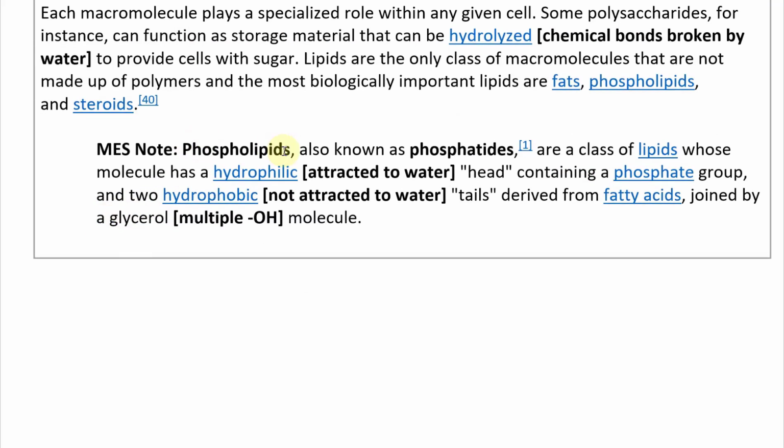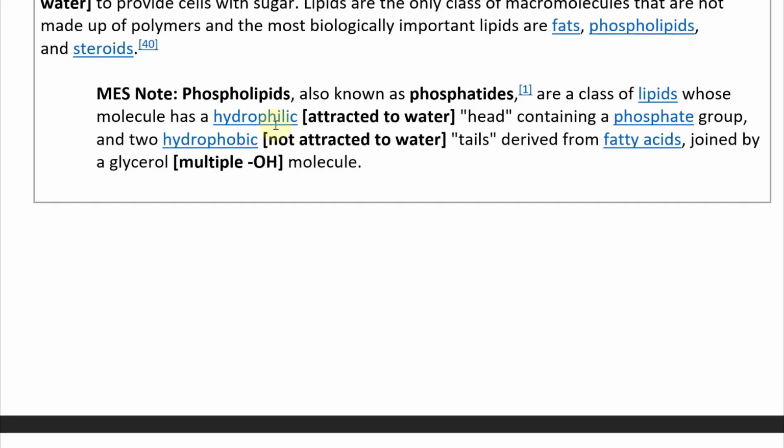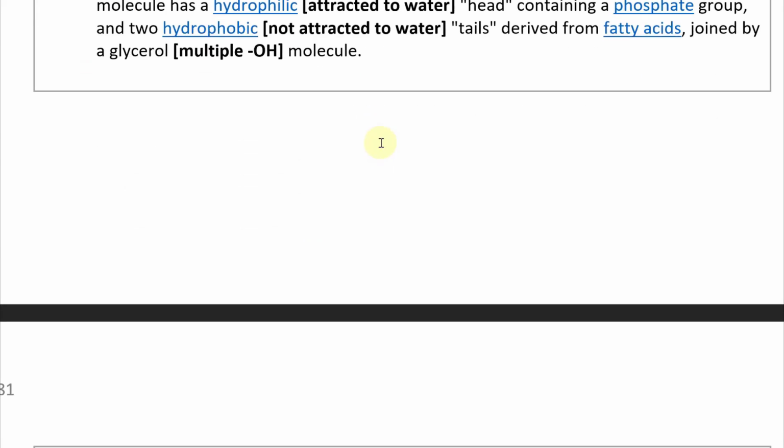And just note, phospholipids, also known as phosphatides, I think that's how you pronounce it, are a class of lipids whose molecule has a hydrophilic, or attracted to water, head containing a phosphate group, and 2 hydrophobic, which are not attracted to water, tails derived from fatty acids, joined by a glycerol, which is a multiple OH hydroxyl molecule. So it has a hydrophilic head that likes water, and 2 tails that don't like water.